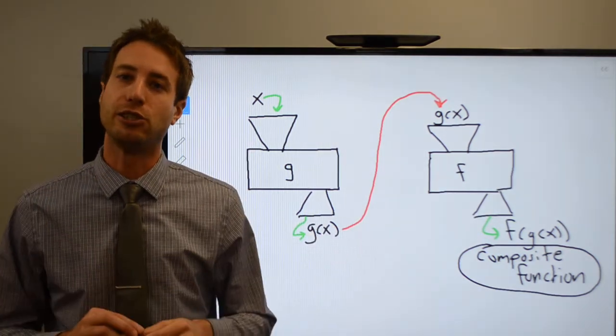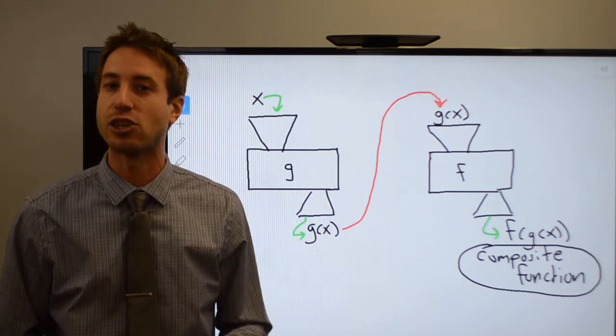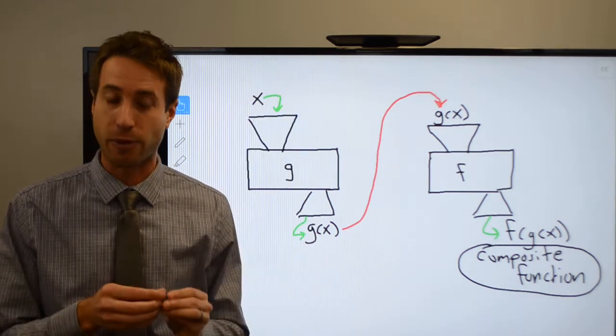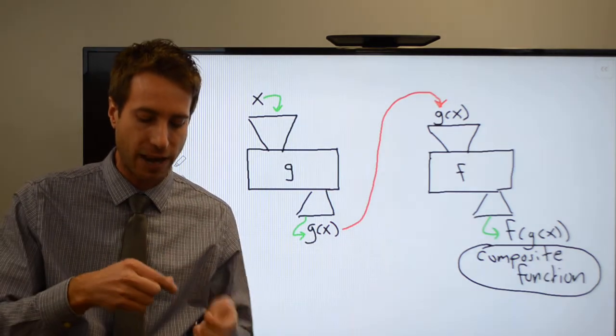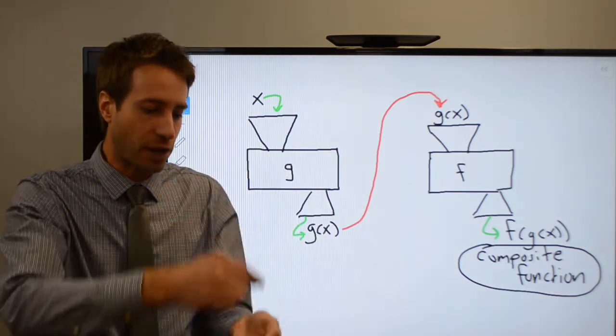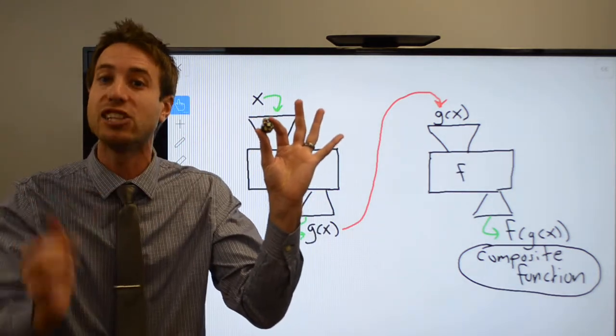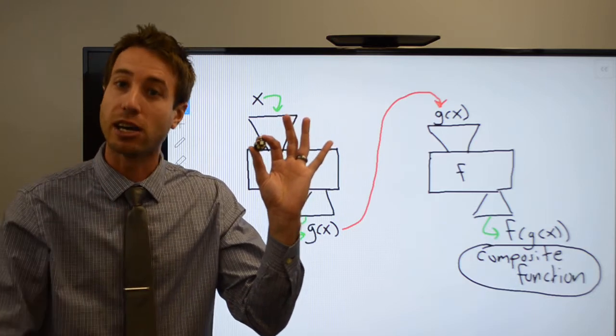But what we're going to do in this chapter and section is go farther than that. We started with some domain value. You start with some value of x, you plug it into a function, and you get out some new range value. And we're not going to stop there.